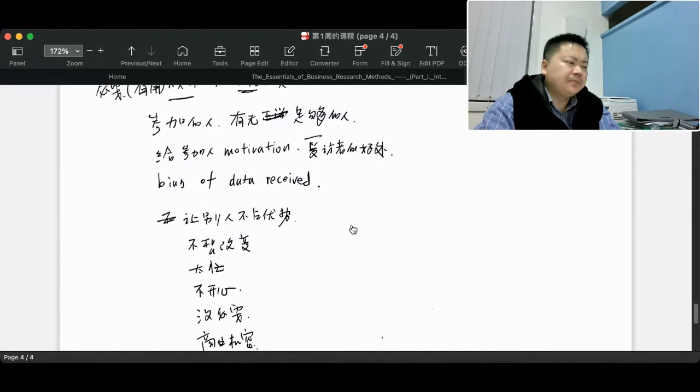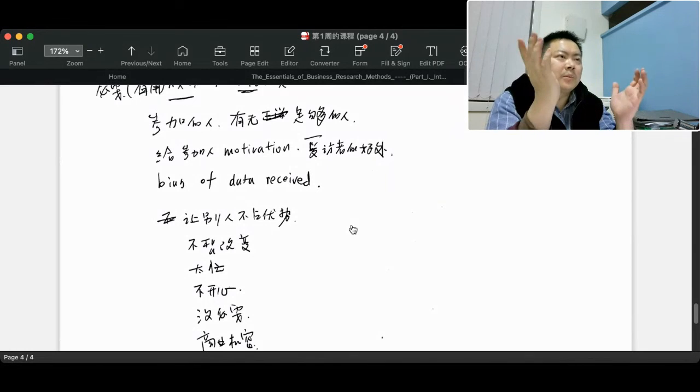So you need to be able to do business research with a lot of observations. If I am only able to talk with one, it's probably not going to be a very successful project.